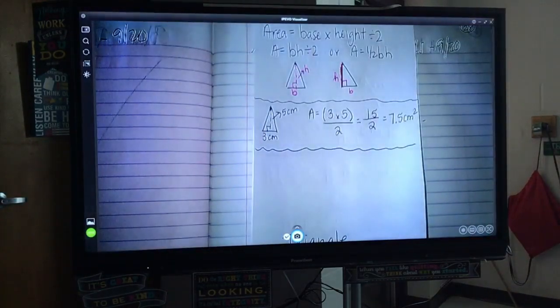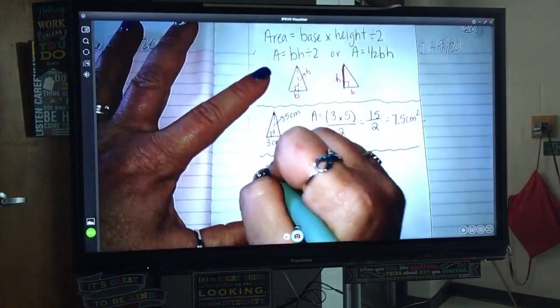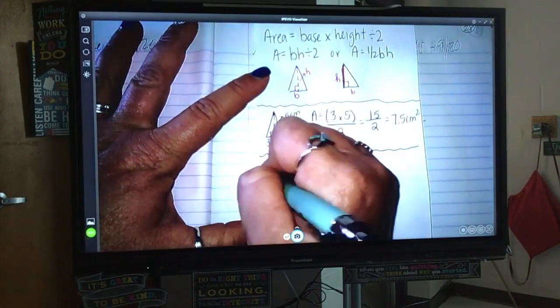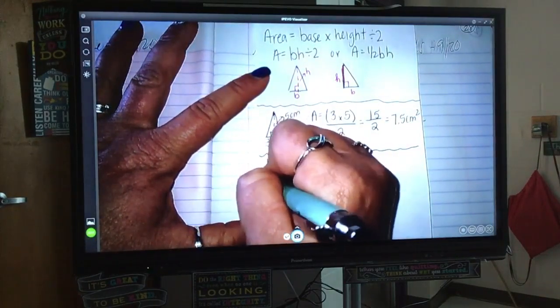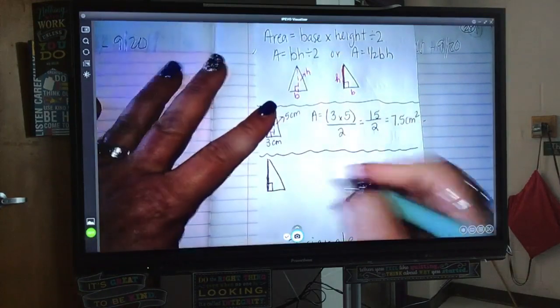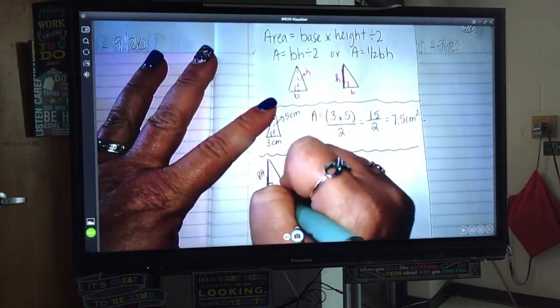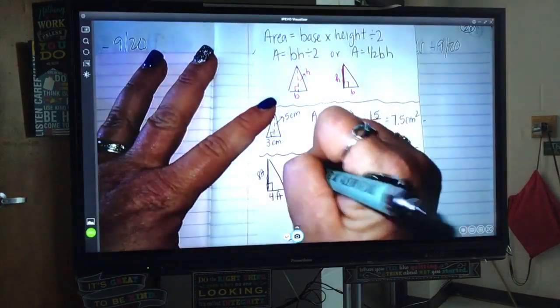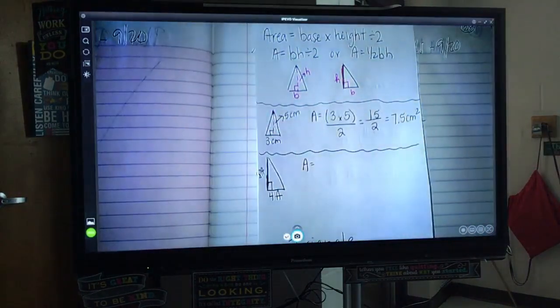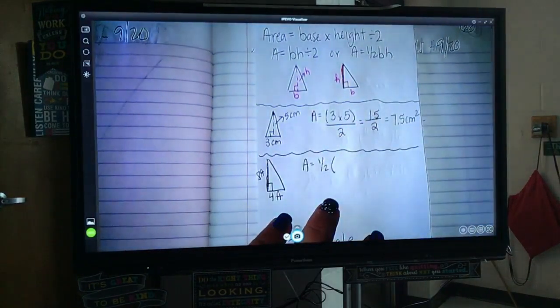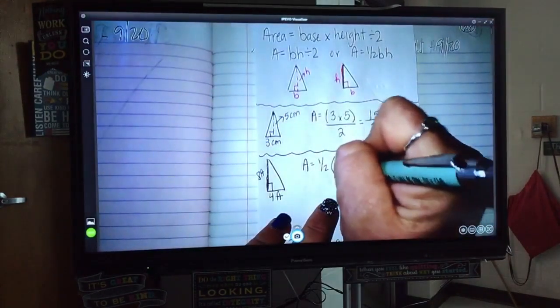All right, so that is one type of triangle that you may see. The next type is going to look similar to this. The first one we just did the base times the height divided by 2. So this one I want to do half the base times the height and see how it works out.